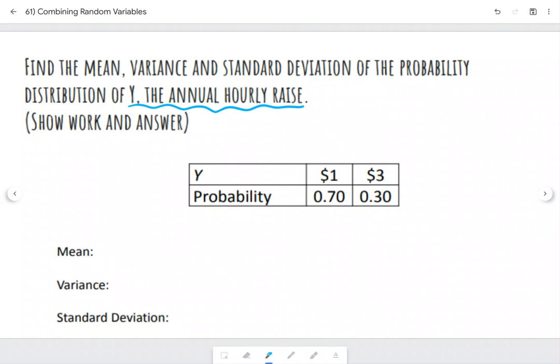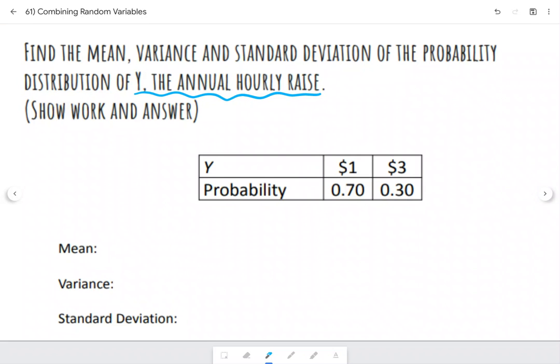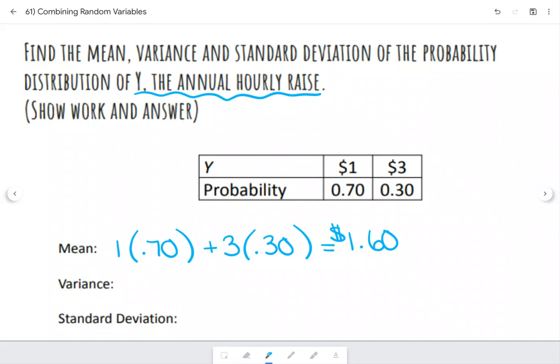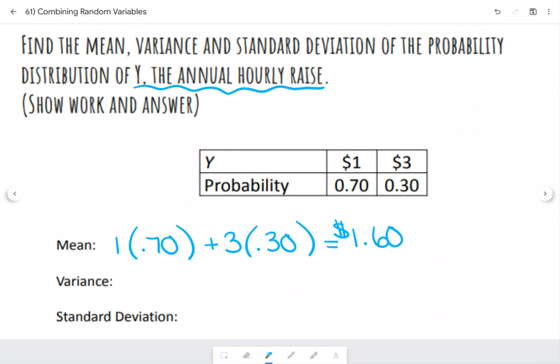All right, welcome back. So in this case, as I'm going through, I'm just going to set it up again. We had the $1 raise at 0.70 was the probability, plus my $3 raise, 0.30. And when we go ahead and calculate that, we should get an expected value, a mean of 1.60. My variance, same kind of idea again.